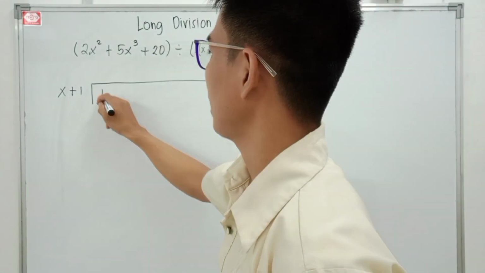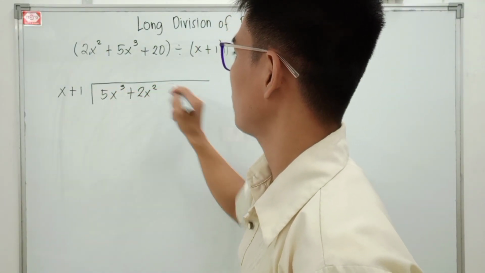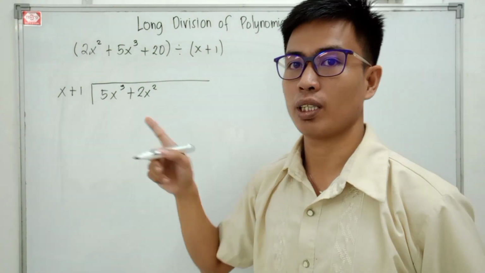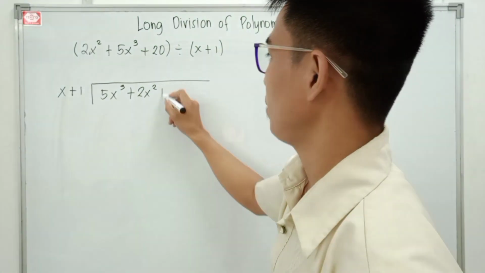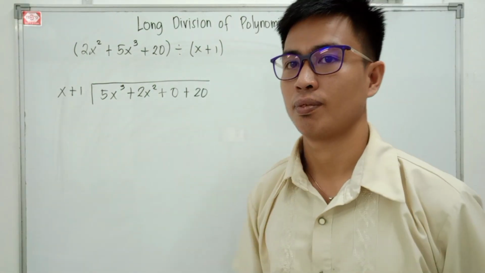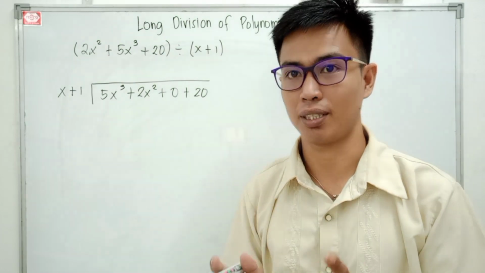So we have here 5x cubed plus 2x squared. So kung mapapansin nyo, wala tayong term na ang exponent ay 1. So, ang kailangan natin gawin doon is to add 0. So, plus 0 plus 20. So, kapag merong nawawalang term, lalagyan nyo ng 0 para hindi kayo malito.